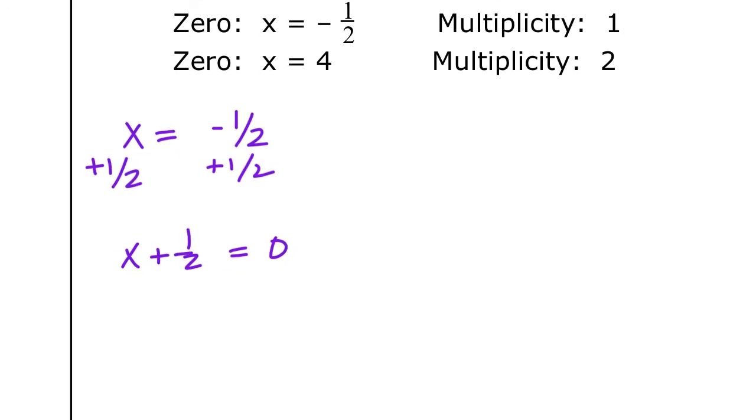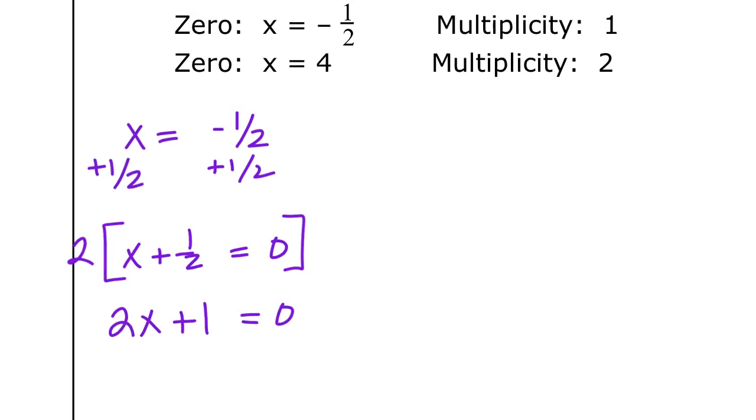So in order to get that fraction to go away, we are going to multiply this entire thing by 2. I choose 2 because 2 is the denominator of that fraction. So now I'm going to distribute that 2 to each thing in here, and that gives me 2x plus 1 equals 0.